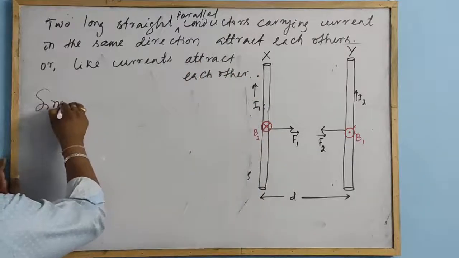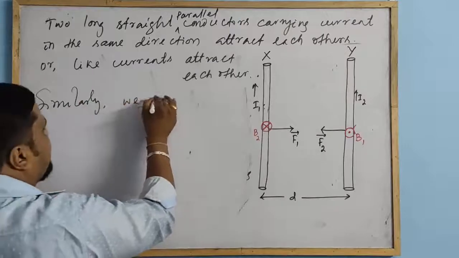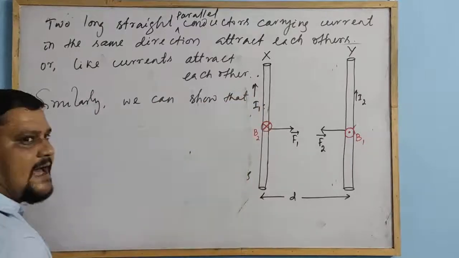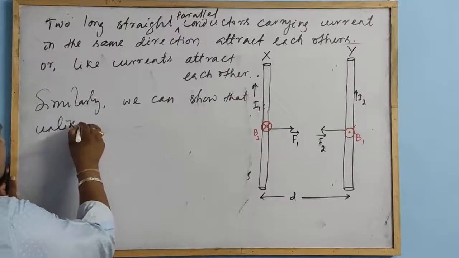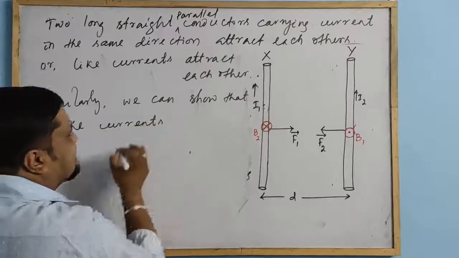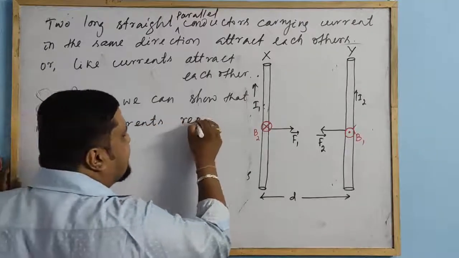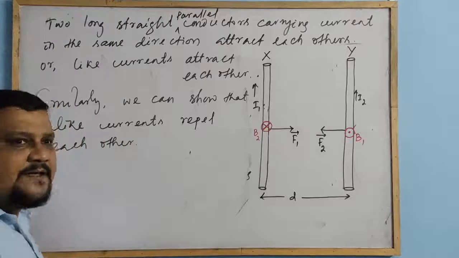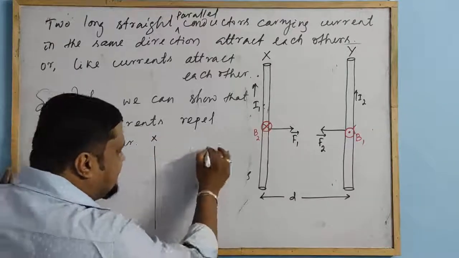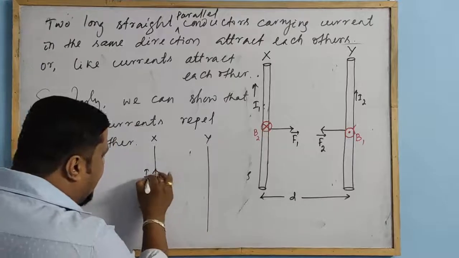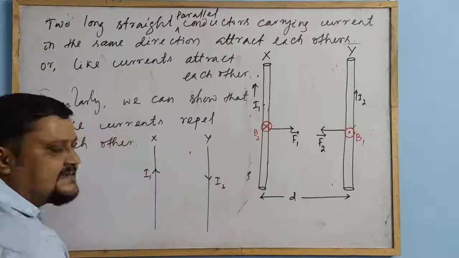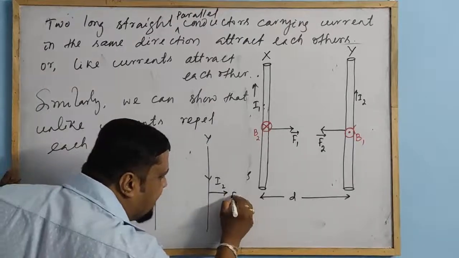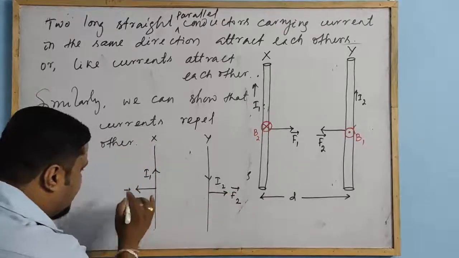Similarly, we can show that unlike currents, meaning opposite direction, repel each other. Unlike currents repel each other: if this is conductor X and this is conductor Y, it carries current I1 and it carries current I2 in the opposite direction, then the force F2 is opposite, and on this conductor F1 is opposite.